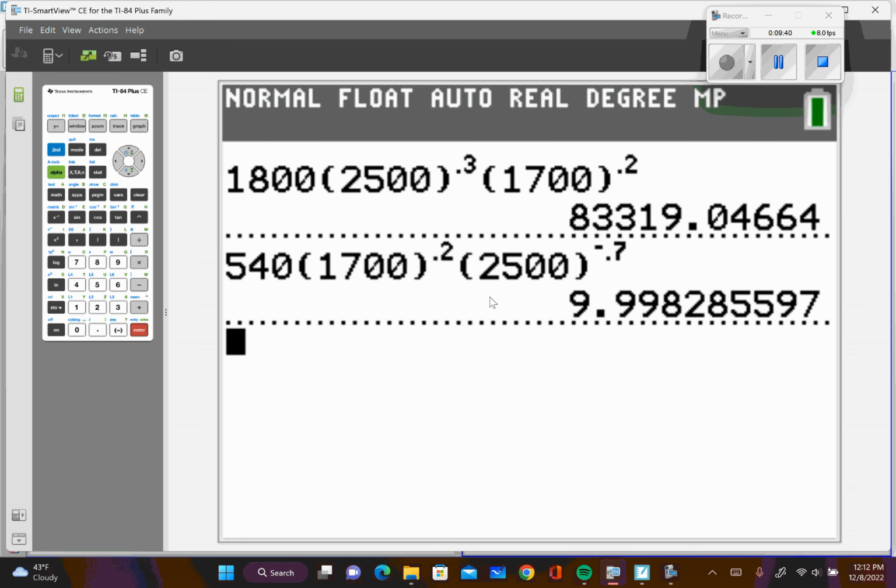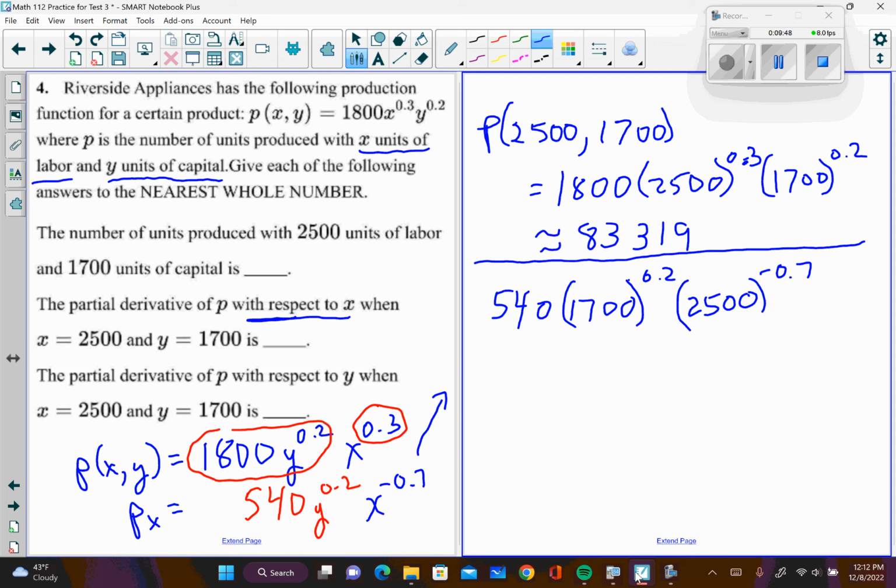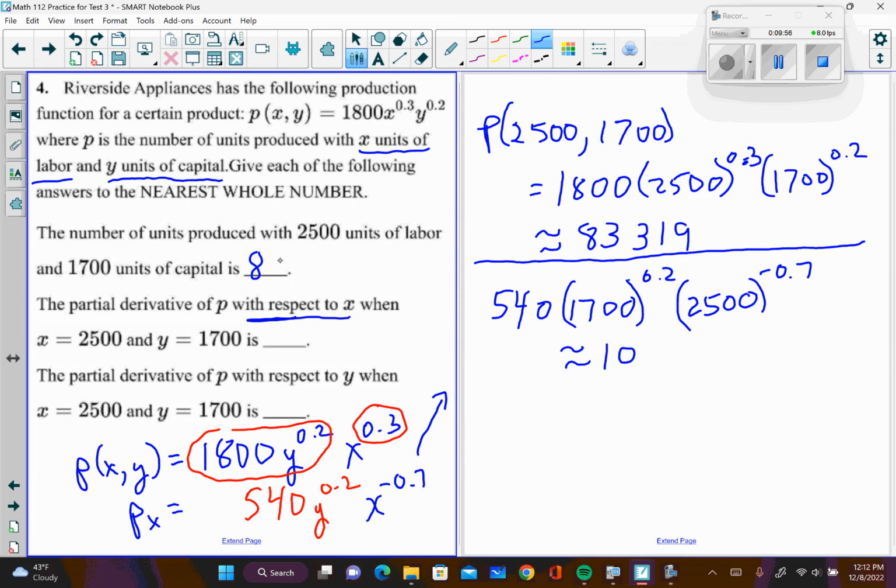Enter. And this is 9.99. We're going to round to the nearest whole number, which is 10. Here we would get the 83,319, and this one's 10.